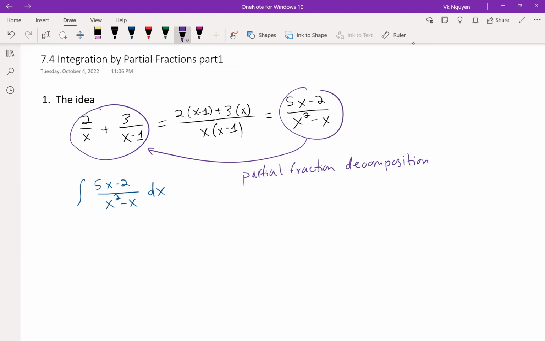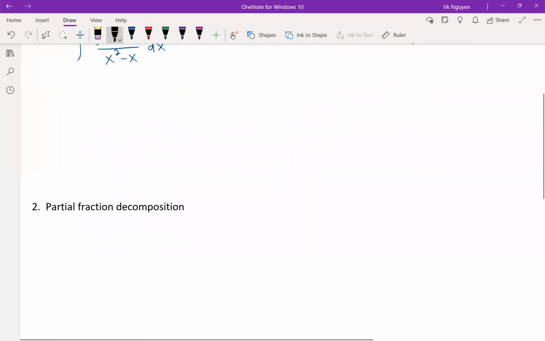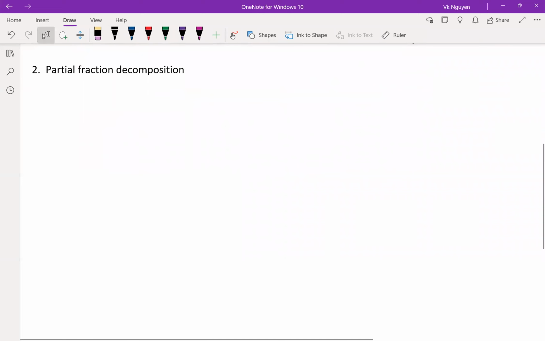Now let's take a look at the partial fraction decomposition. We have two cases.